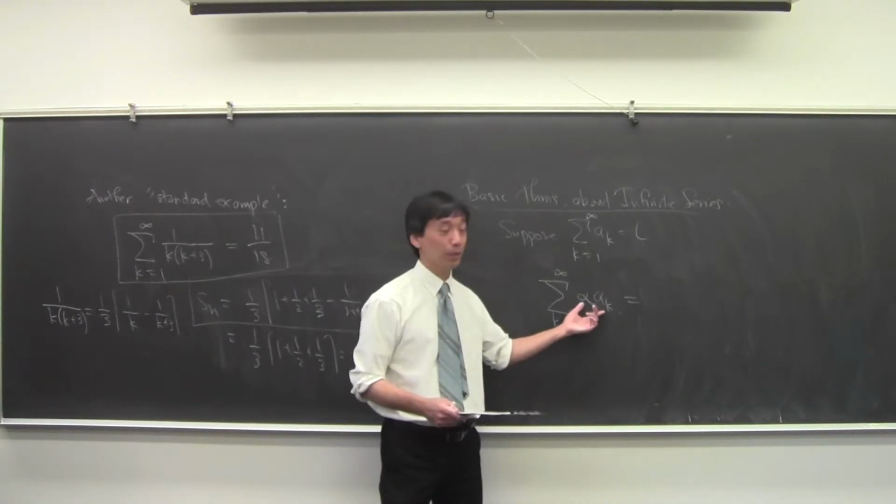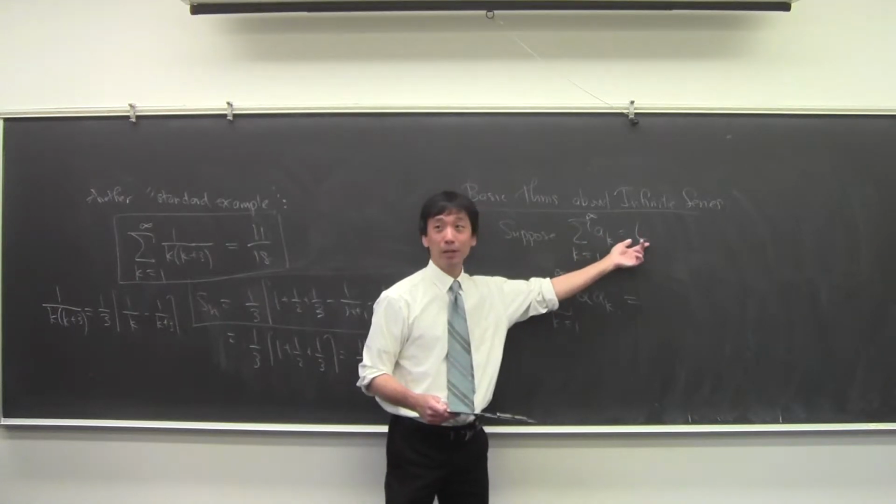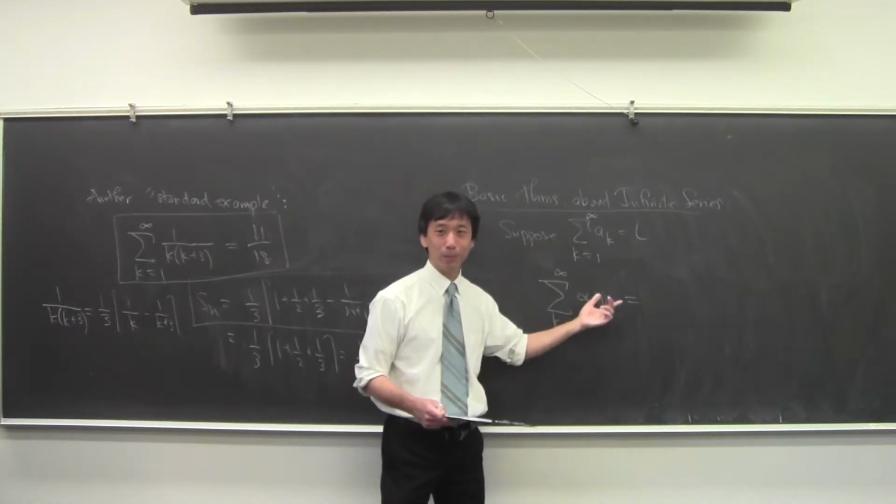If you have one series that converges to L, you multiply all the terms by alpha and you sum it, what do you get?